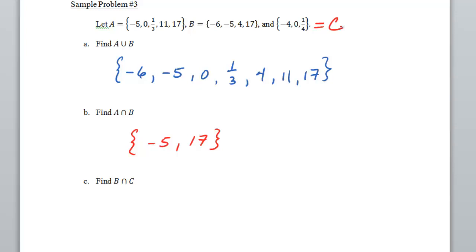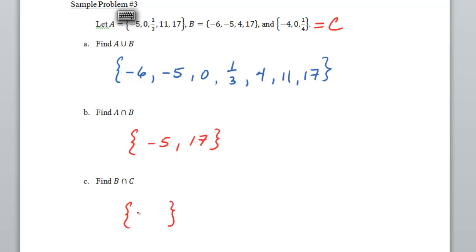If we look at B and we look at C and we work our way across, there's no -6 in both, no -5. We have a 4 and a -4, that's clearly not the same. No 0, 17, 1/4, and so we can clearly see that B and C don't have any of the same elements, and so this set would be empty.